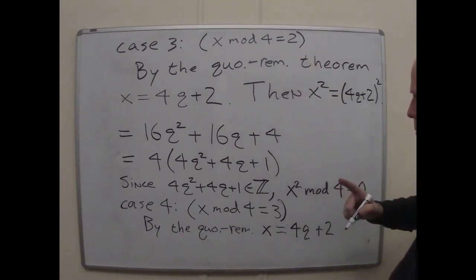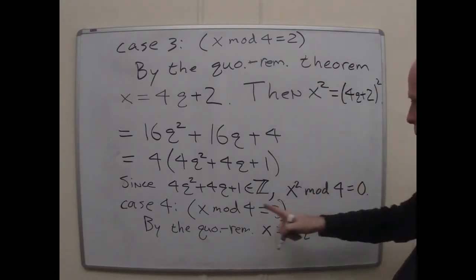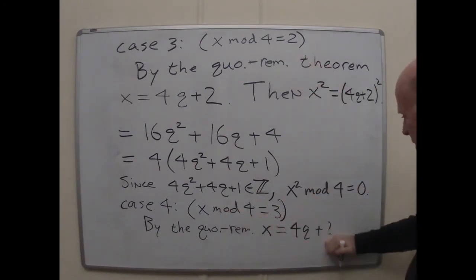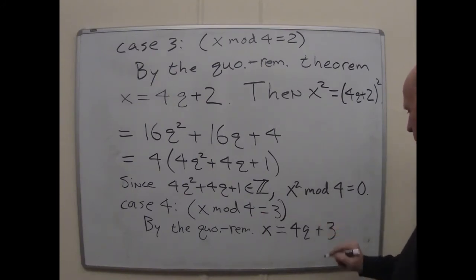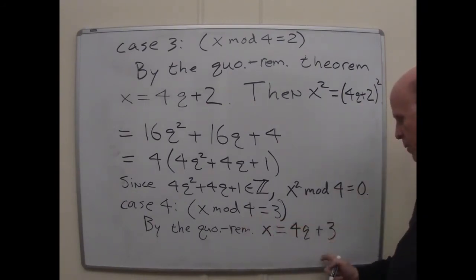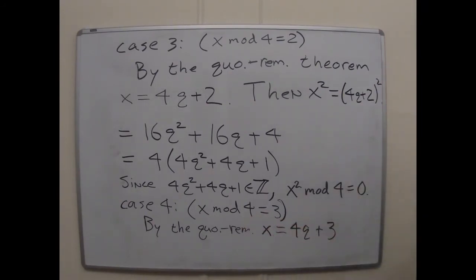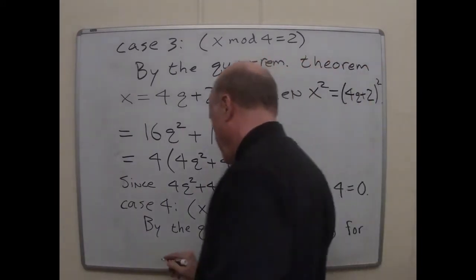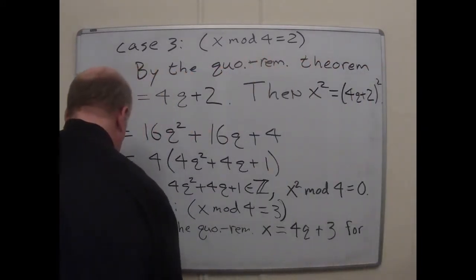Because 2, am I in the wrong place? I think I'm in the wrong place. x mod 4 is 3. Yeah, 4q plus 3. The mod notation just means what's the remainder. So we're going to have 3, and the other part we multiply by the divisor 4 that we're dealing with, for some integer q.